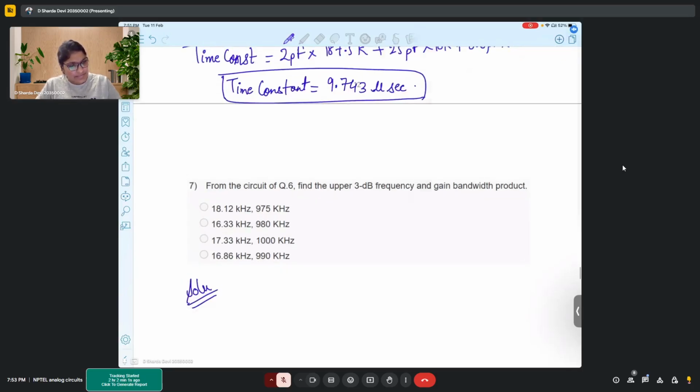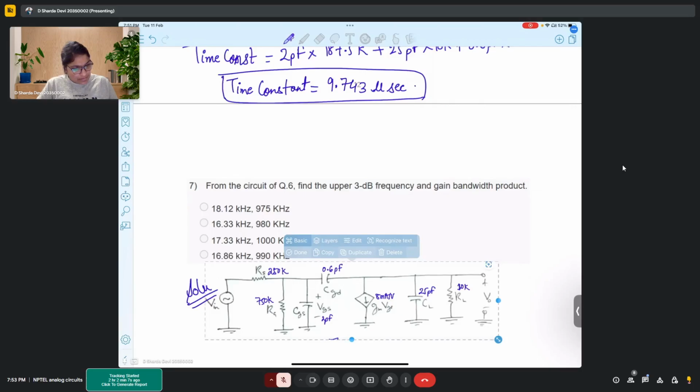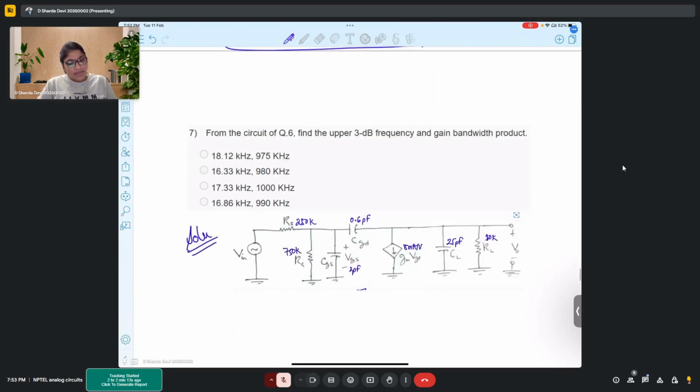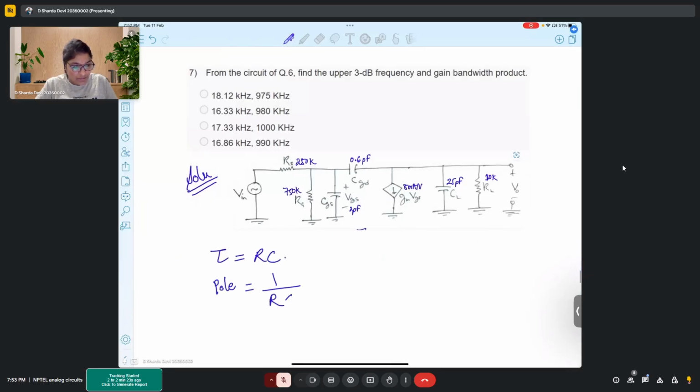So again, for the same circuit, we have to find the upper 3 dB frequency and gain bandwidth product. When the time constant is R into C, and we talked about this earlier also, the pole is 1 upon RC, right?